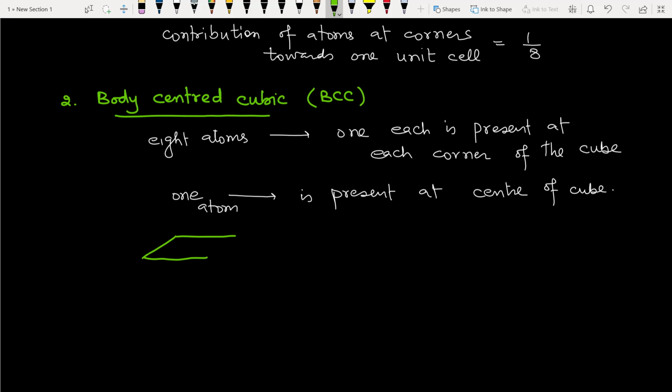So if we depict it diagrammatically, the arrangement will be like this.